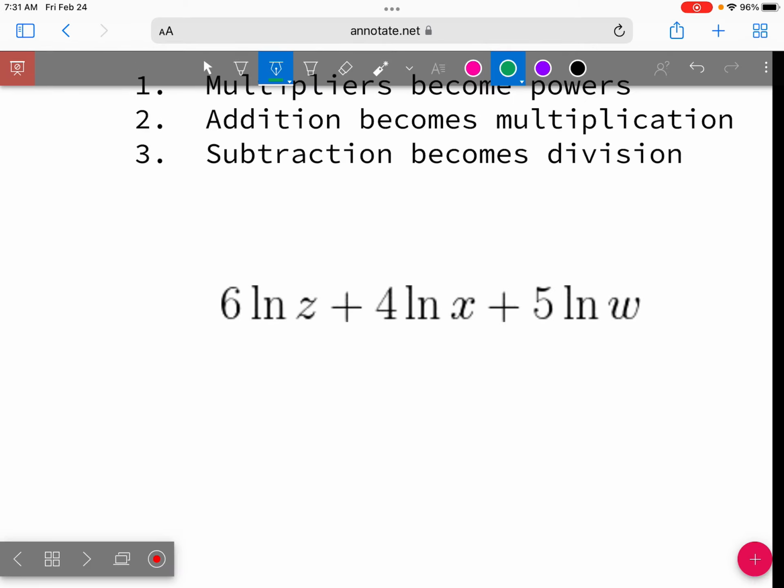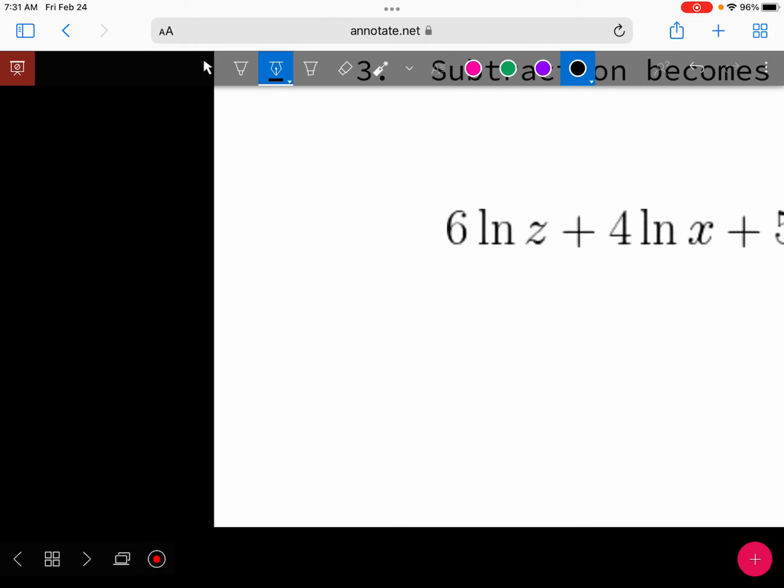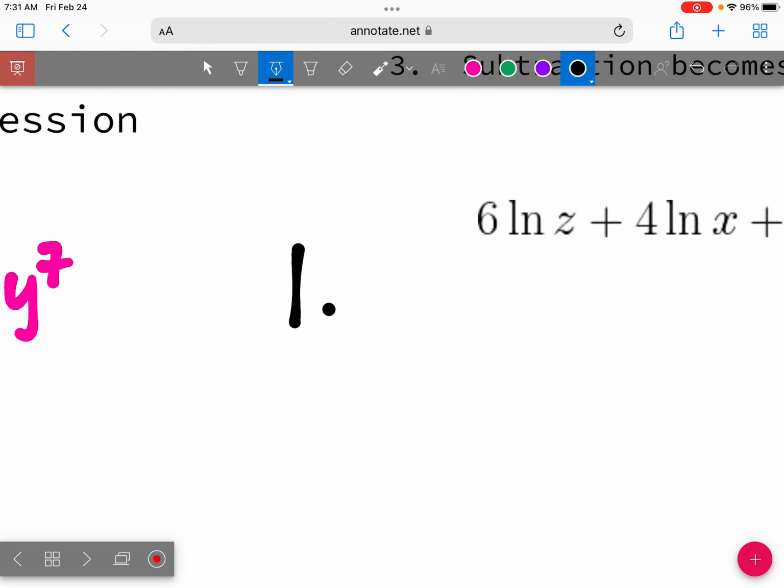Alrighty. First step. Okay, so this one might look a little funky to you guys. That's okay. This is just our natural log. That's what ln is. We're gonna learn that next week. Okay? So if this is confusing you right now, that's totally fine, and you can just write log in there, okay?